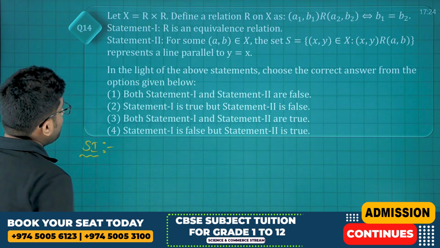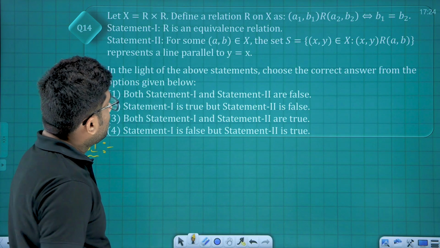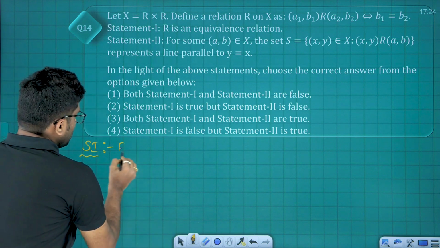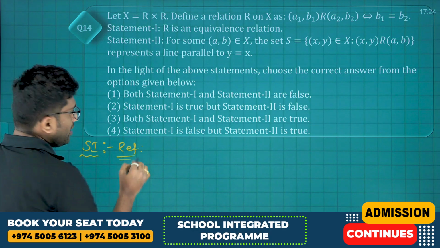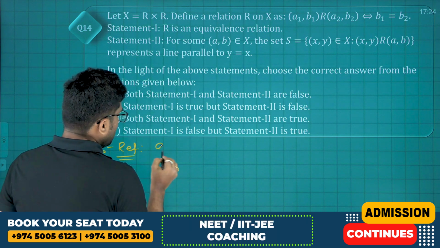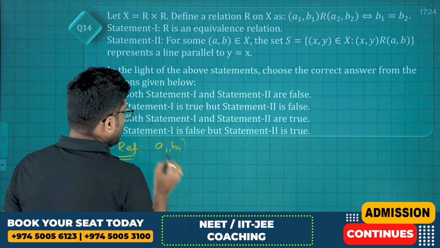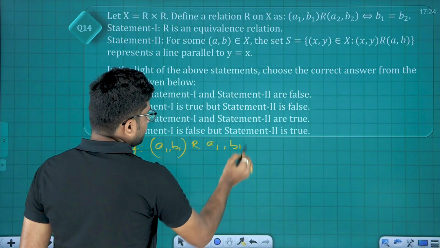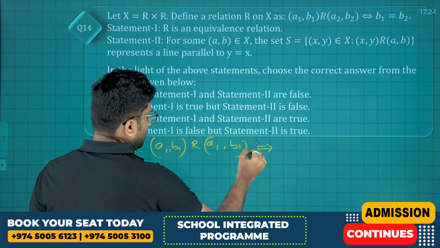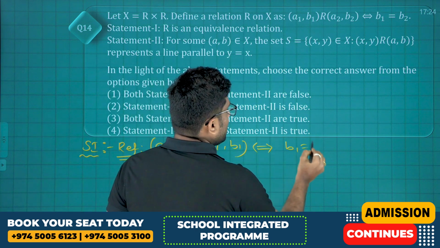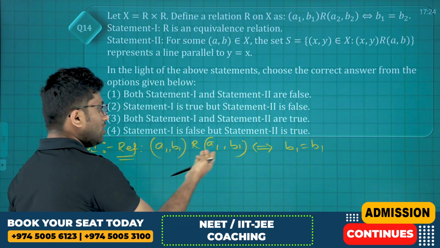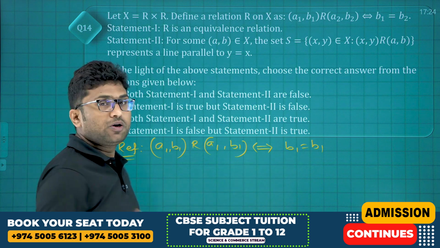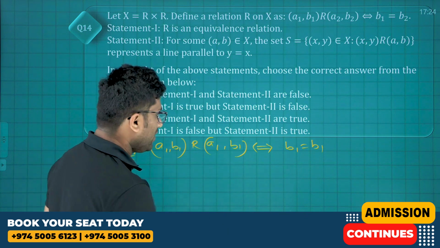So for validity of statement 1, to make it reflexive, (A, A) generally belongs to R. So is (A1, B1) related to (A1, B1)? This implies B1 is equal to B1. Yes, (A1, B1) is always related to (A1, B1), because B1 is equal to B1. So it is reflexive.